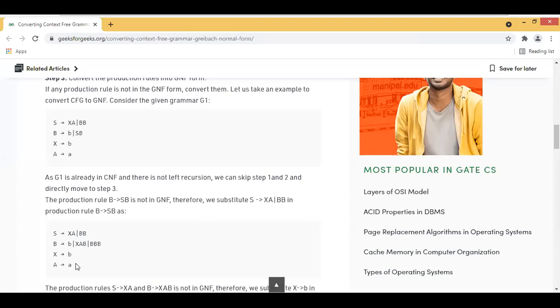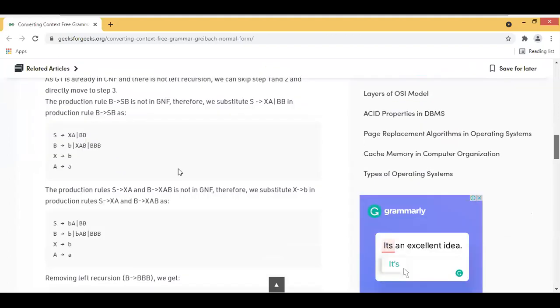After substituting the rules of S in the place of this S, finally my productions are these. Now, checking each and every production, XA and XAB are not in GNF, because we first need to get the terminal and then the non-terminals. So we need to substitute X tends to B in the production rules of S tends to XA.